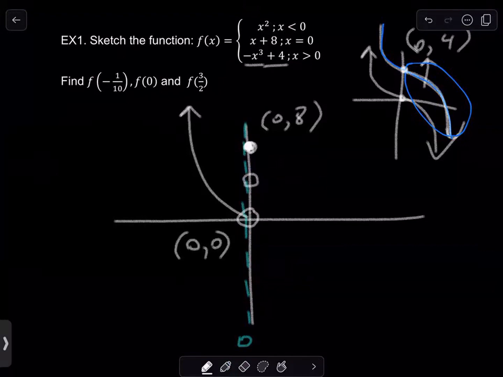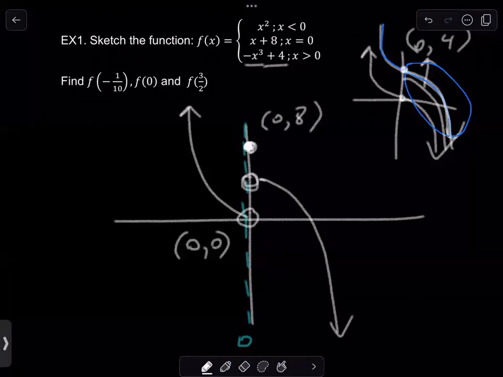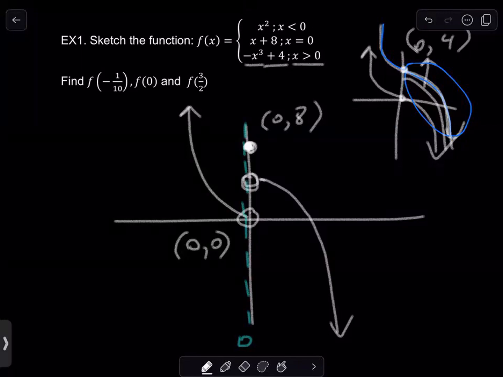And notice that the function here just curves downward like that, so it looks like so, and it goes on forever. And notice that here I have an open dot because its x is greater than 0, not x is greater than or equal to 0. So there's no equality at that specific point. So it's an open dot for this portion of the function, and we'll label that open dot 0 and +4.